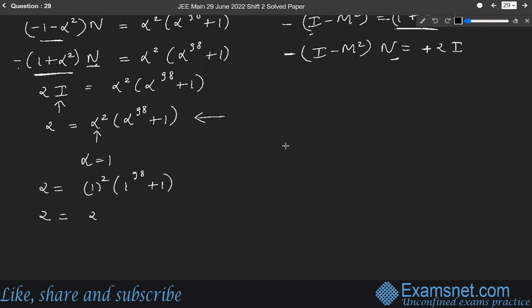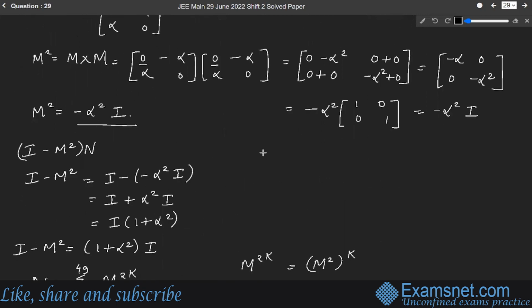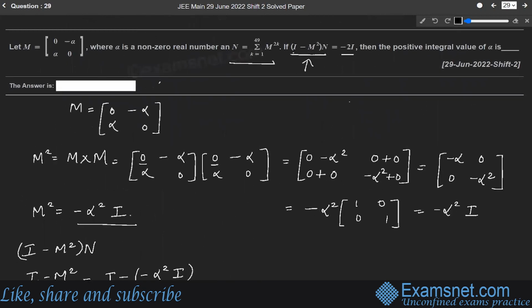So 1 plus 1 is 2, and 1 square is 1, so 2 into 1 is 2. So 2 is equal to 2. You can see that this equation is satisfied at alpha equal to 1. At no other value of alpha will this equation be satisfied. There is only a single value for alpha. So we can say that the possible integral value of alpha is 1. So for this question, the correct answer is alpha equal to 1.